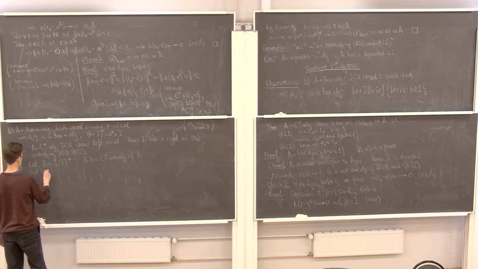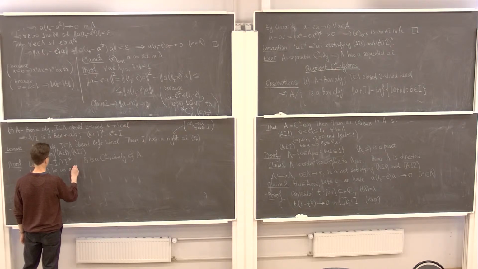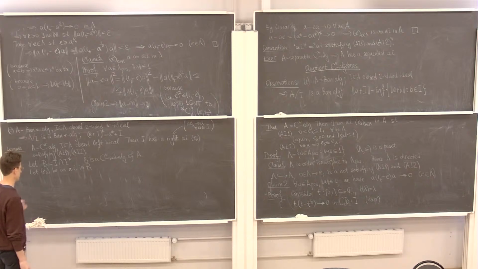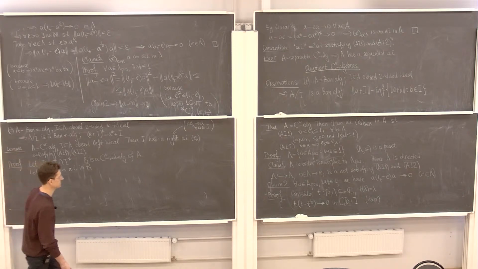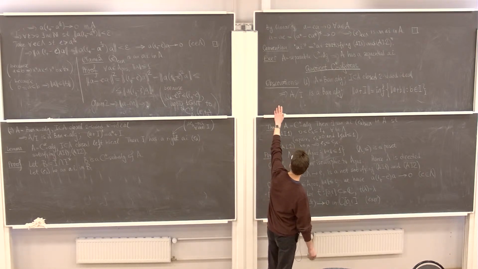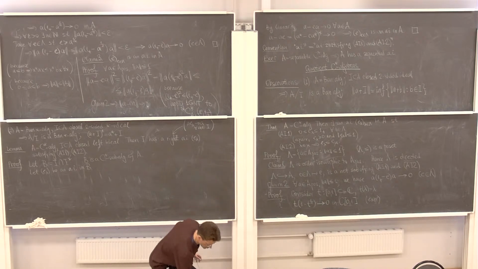Let E lambda be an approximate identity in B. So again, B is a C-star algebra, and by default, we follow our convention. We assume that this net satisfies AI1 and AI2.